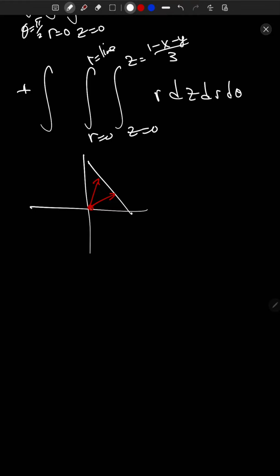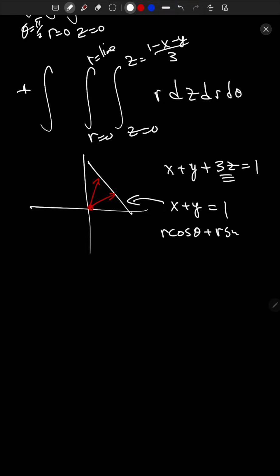Now, what is the line? The plane was x plus y plus 3z is equal to 1. This line is defined by where that plane hits the xy plane, so the z is 0. So the line was x plus y equals 1, right? If we write that into polar coordinates, that's going to be r cos theta plus r sine theta is equal to 1, which means r is equal to 1 over cos theta plus sine theta.